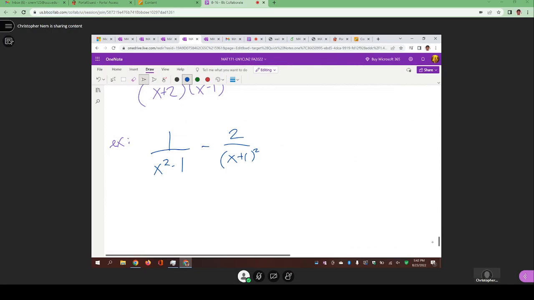Instead of subtracting, we're going to turn this guy into addition. And while we're doing that, I'm already going to factor as much as possible. So this is going to turn into 1 over x plus 1, x minus 1. And then this is going to turn to addition. But if I turn that into addition, I have to apply the negative to my fraction.